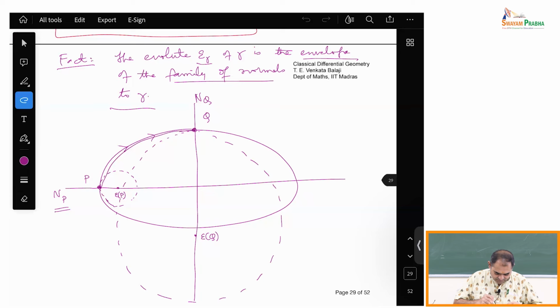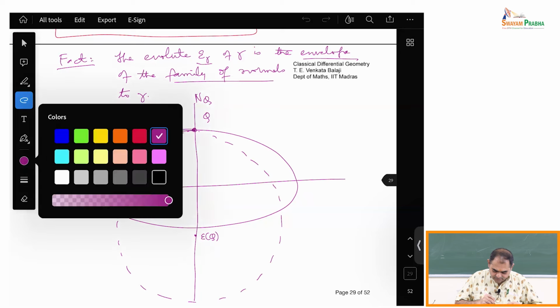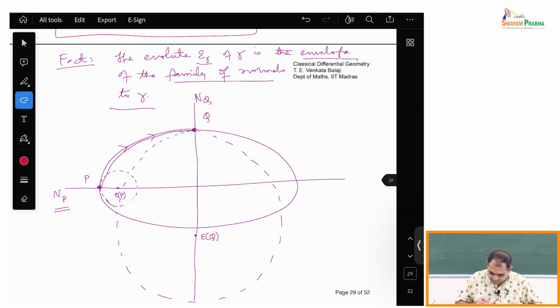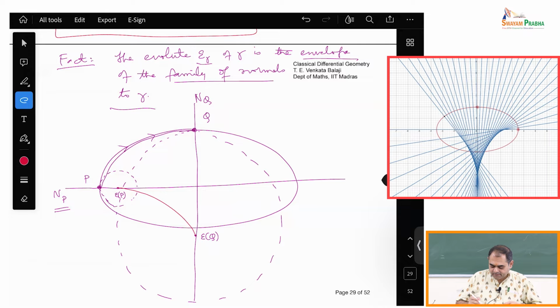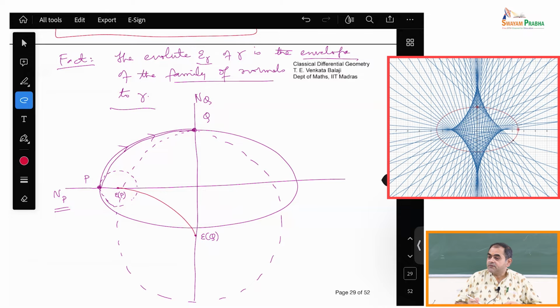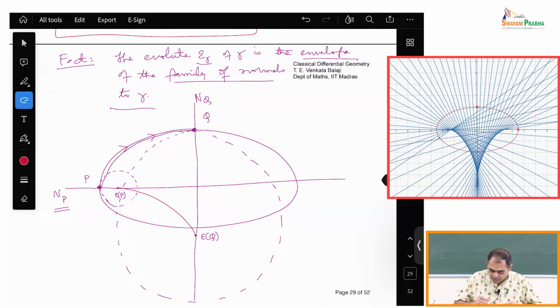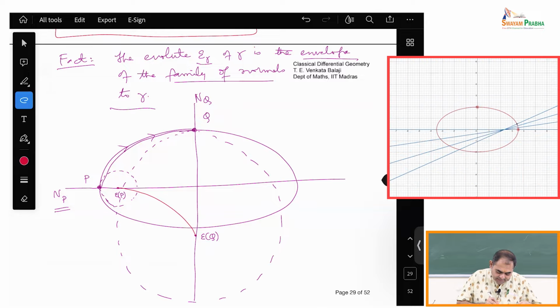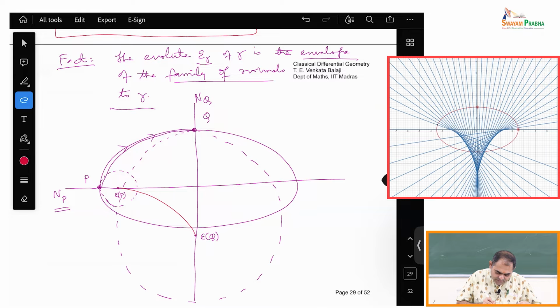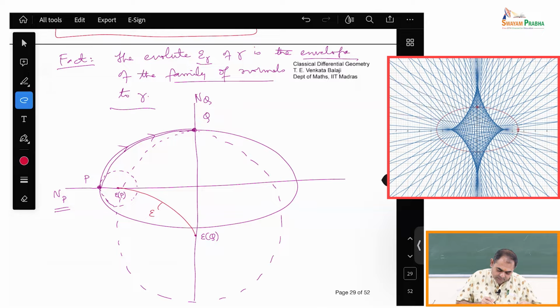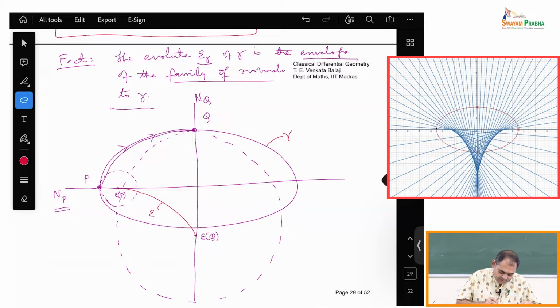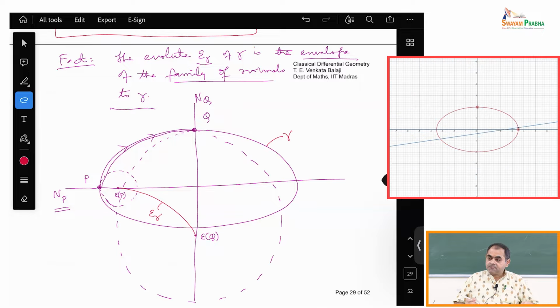So let me use a different color. So you will get a curve like this, and this is going to be the segment of the evolute. So if this is my gamma, this is going to be my evolute of gamma, right?